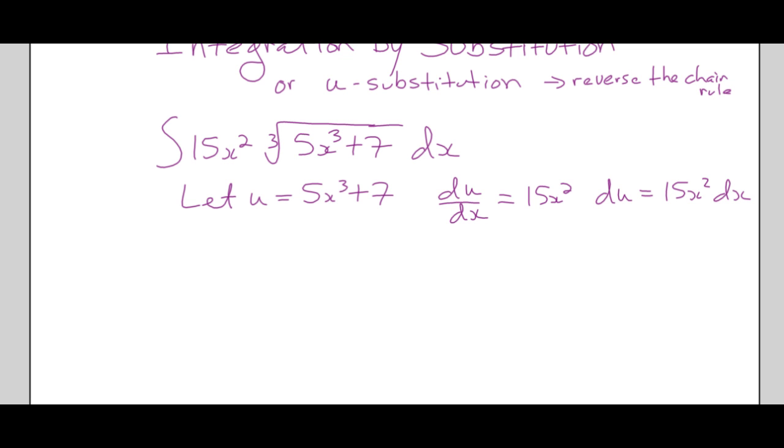So let's rewrite this as the cube root of 5x cubed plus 7, times 15x squared dx. And we say, hey, 15x squared dx, that looks familiar because it's here, but it's also here. Which means that I could just write this as du. And u, well, that's this, so I could just put a u.